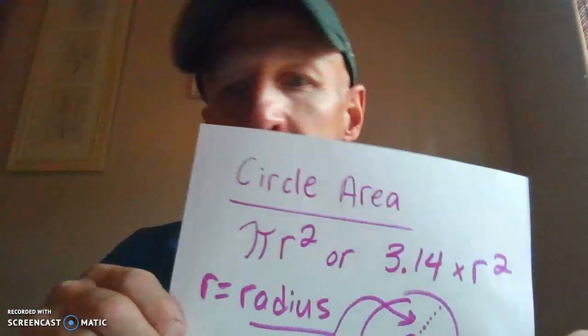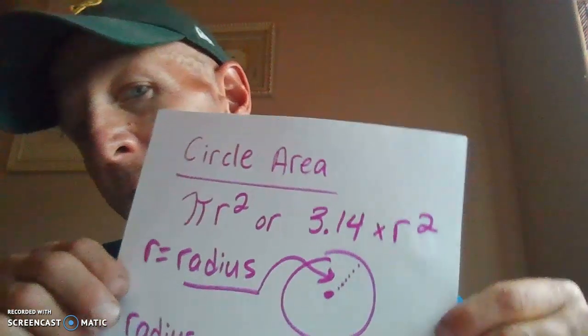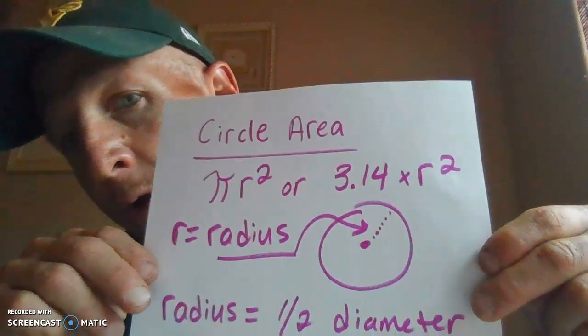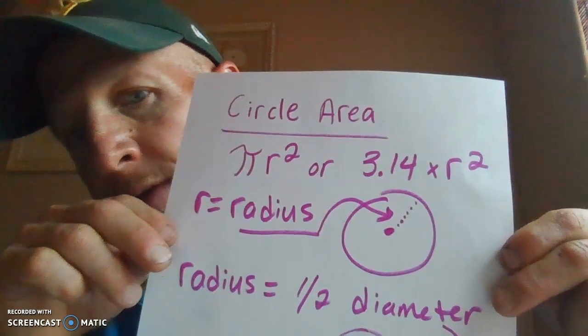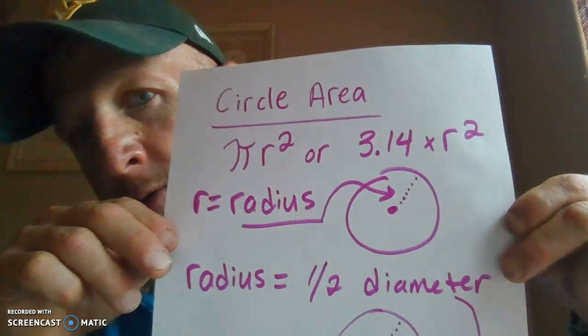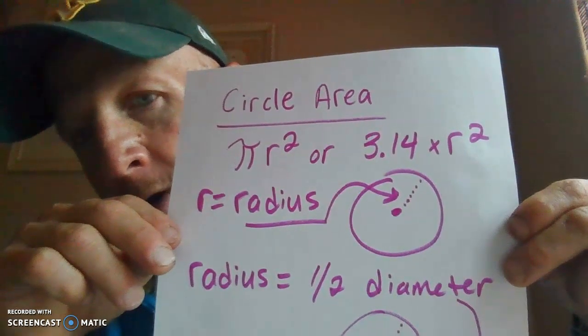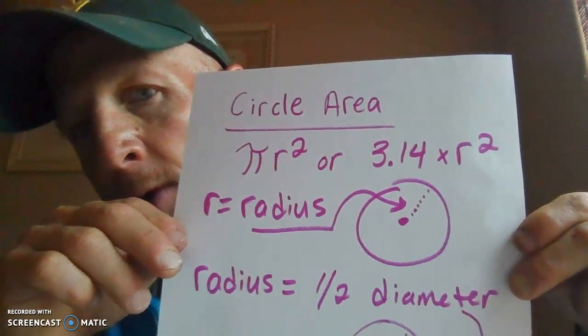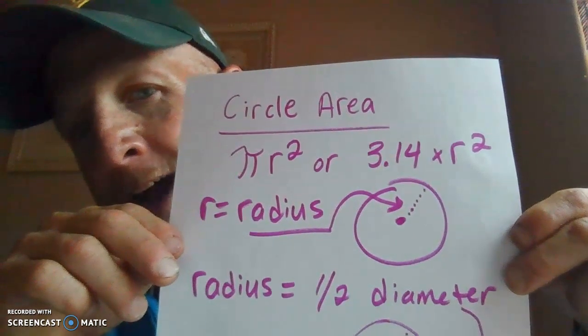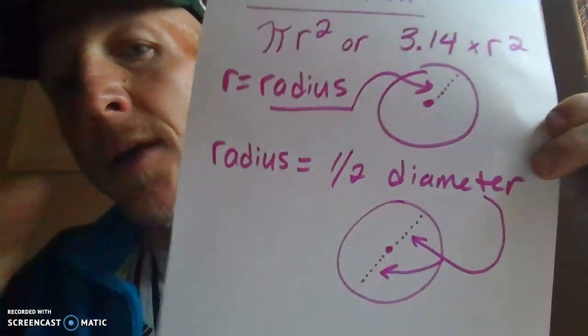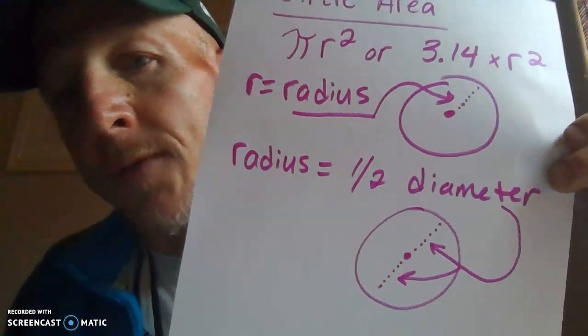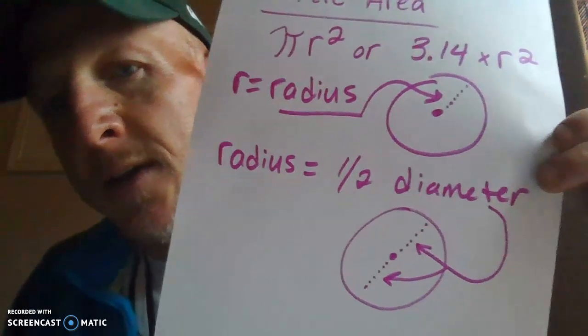So let's quickly review or practice finding the circle area, okay? For the area of circles, we want to multiply pi, or 3.14, times the radius squared. Remember, the radius is the distance from the middle of a circle out to any point on the perimeter. Pi, or 3.14, is how many diameters will go around any circle.